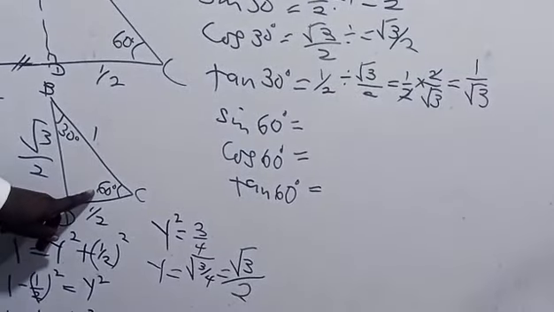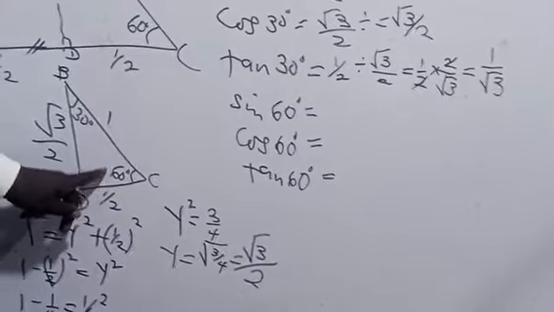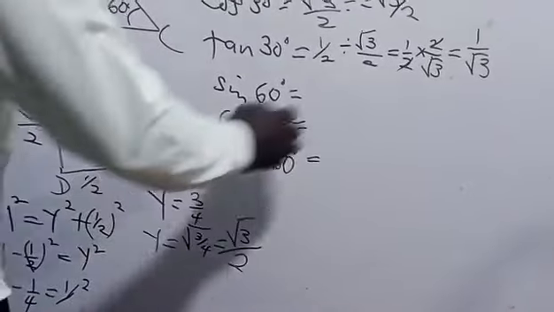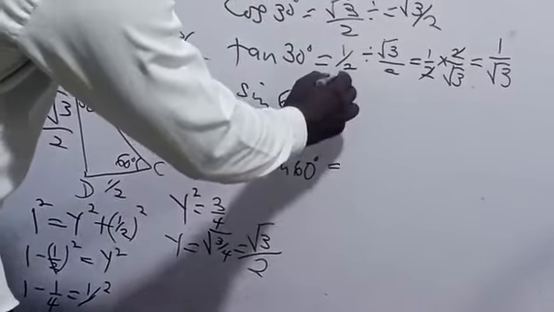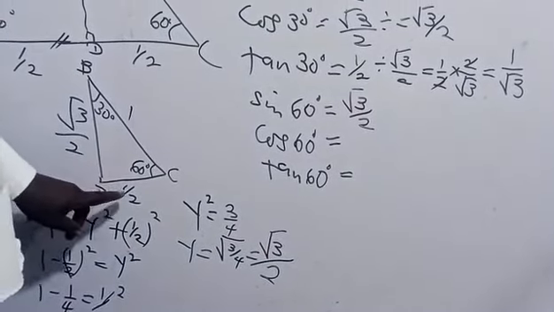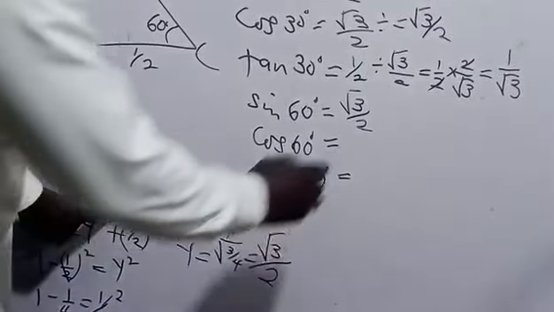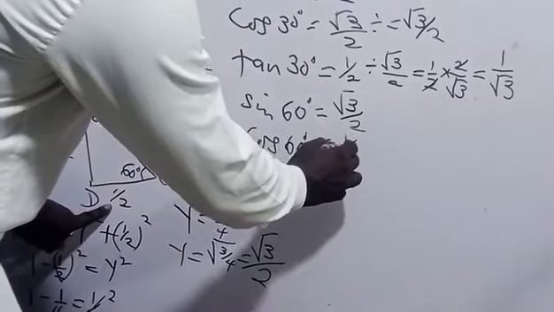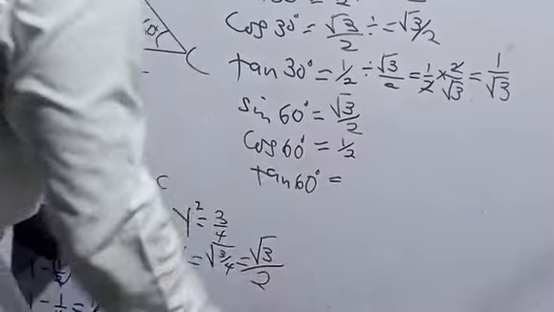The same thing is applicable here. If you want to find sine 60, that is opposite over hypotenuse, which is root 3 over 2. Cos 60 is adjacent over hypotenuse, which is 1 over 2 divided by 1, which is 1 over 2.